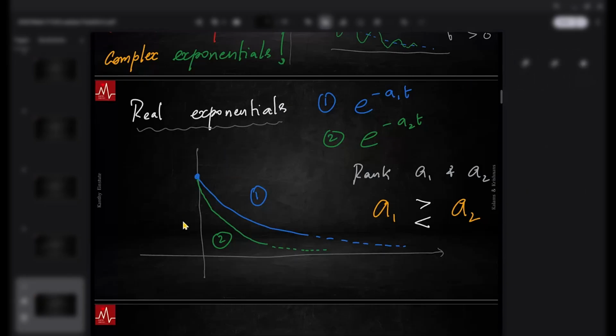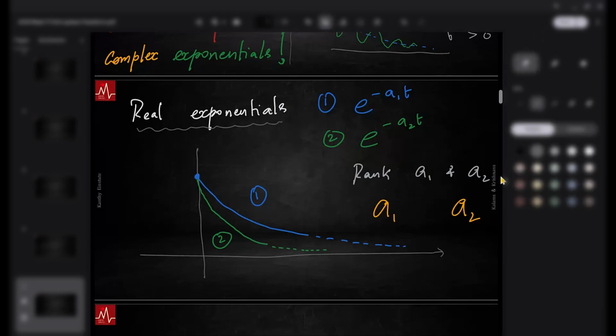The coefficient is bigger. A1 is smaller. It is decaying slower. Indeed, A1 is small.